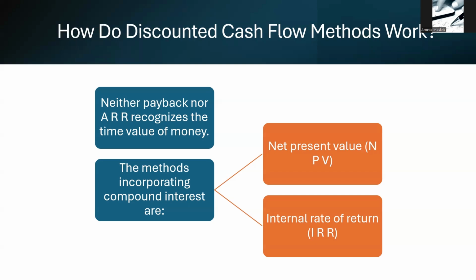Now, because the cash outflow for the investment occurs now, but the net cash inflows from the investment occur in the future, companies can make a valid apples to apples comparison only if they convert the cash flows to the same point in time, namely the present value.